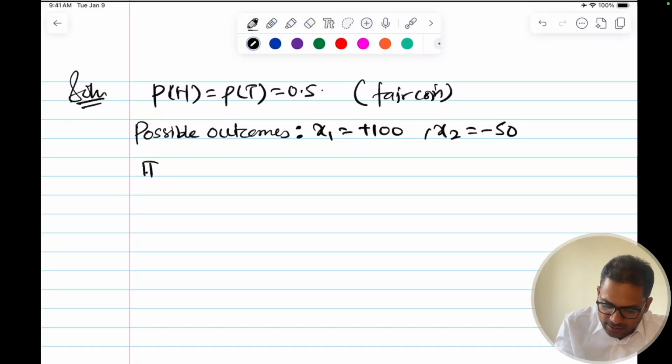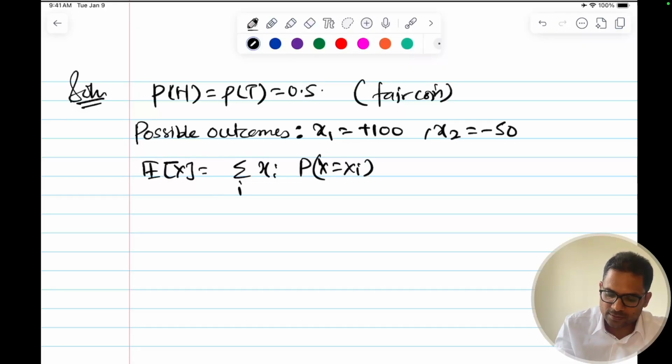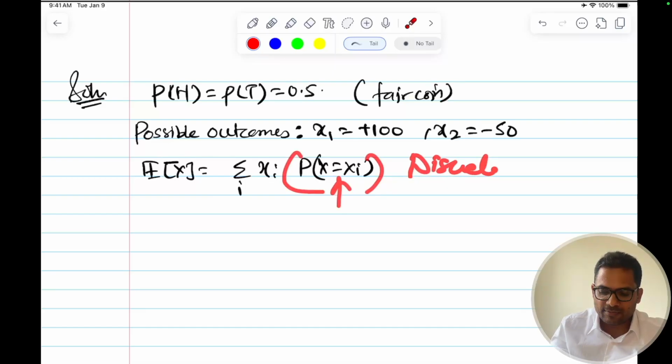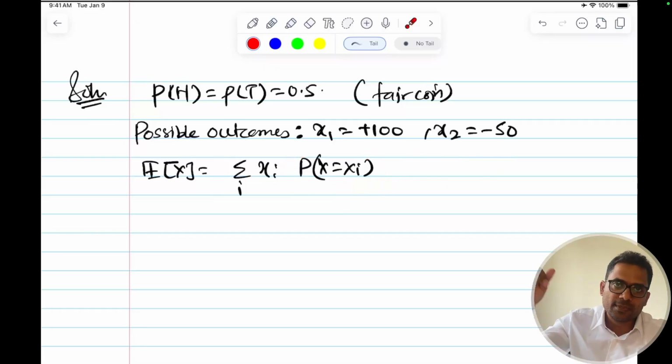So our expectation E of x is defined as summation over i of xi into probability of x is equal to xi. If you see the notation, generally for discrete we use the probability, and in analogous we use the function of x. I'll keep reinforcing this concept: for discrete values we have the probability of each and every discrete point.